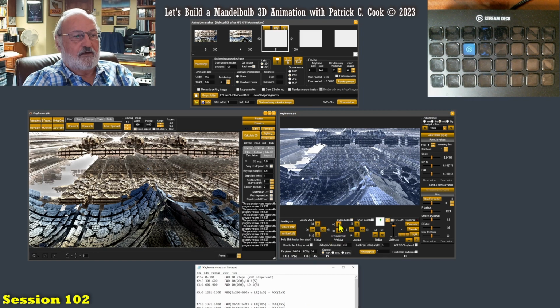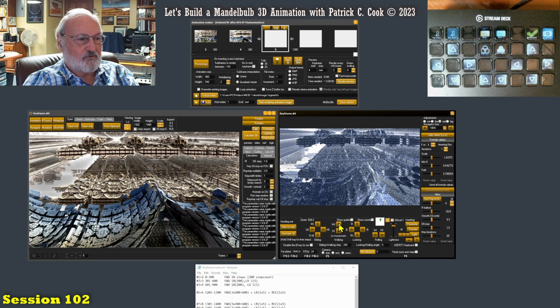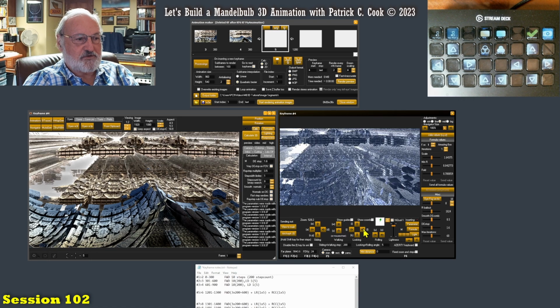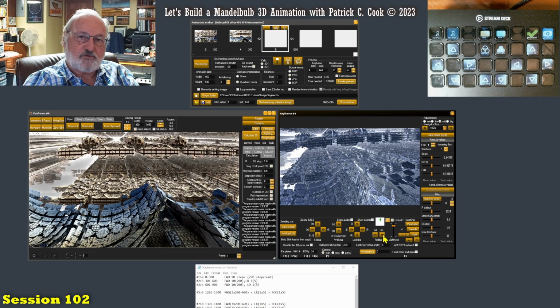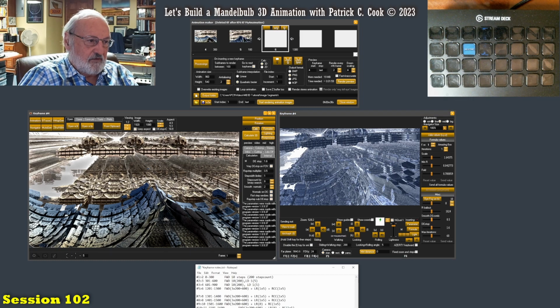Okay. All right, 1, 2, 3, look right one time, counterclockwise rotate one time, push that up to the animator. Okay, that's in. Now, keyframes 7 through 8.